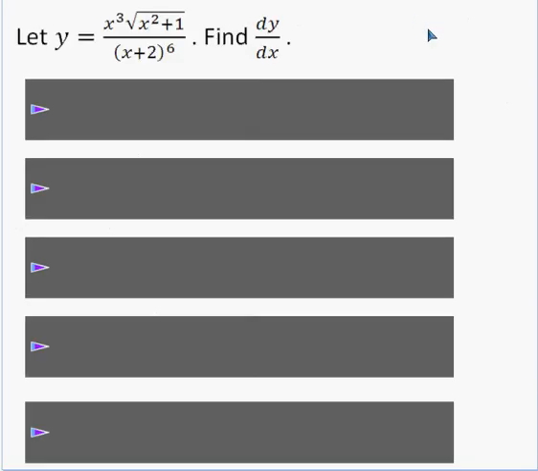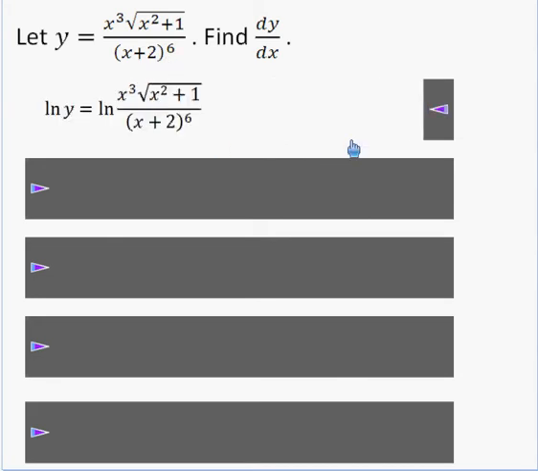So here's another one. Again, this would be a pain because we have a product rule, some chain rules, a quotient rule. So what we're going to do is take the natural log of both sides, split it up using the rules of logarithms. So this would give us a 3 natural log of x.